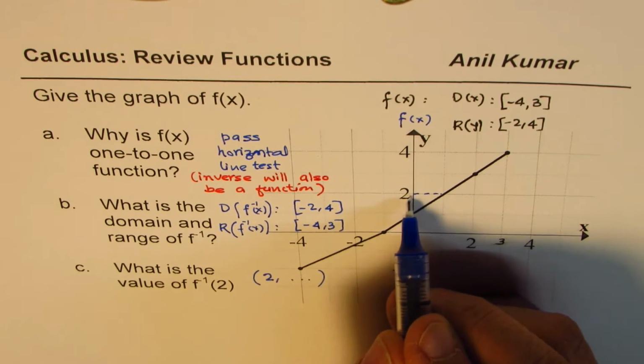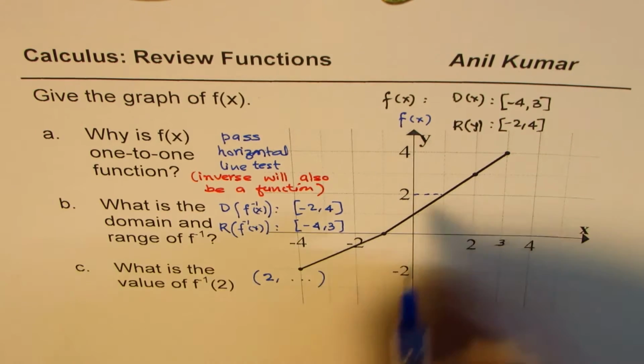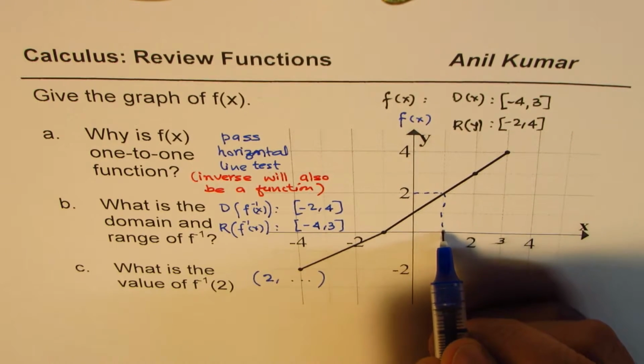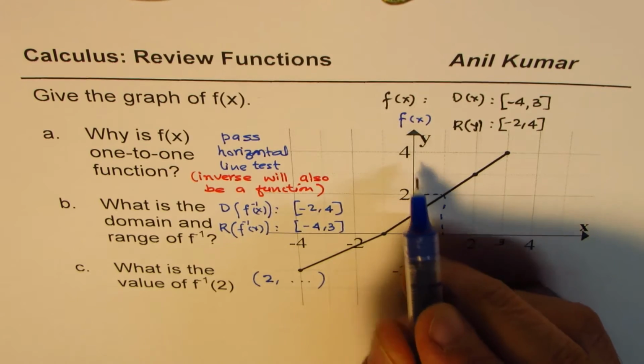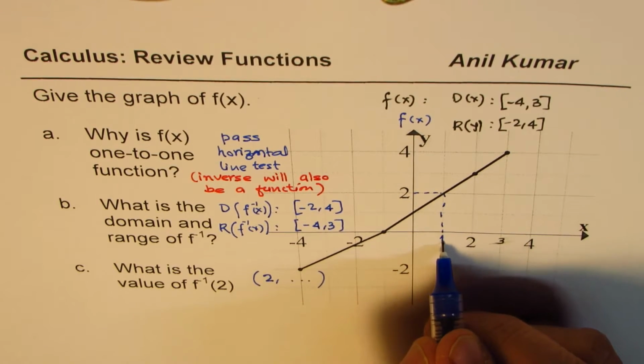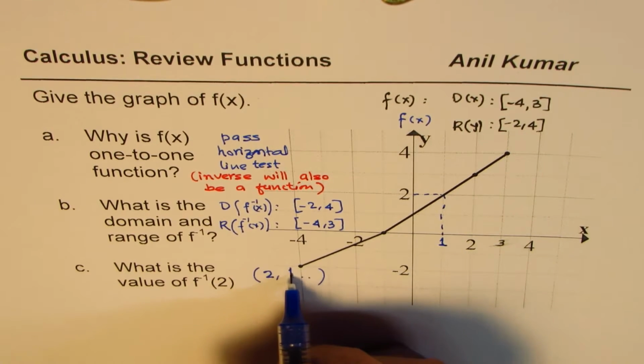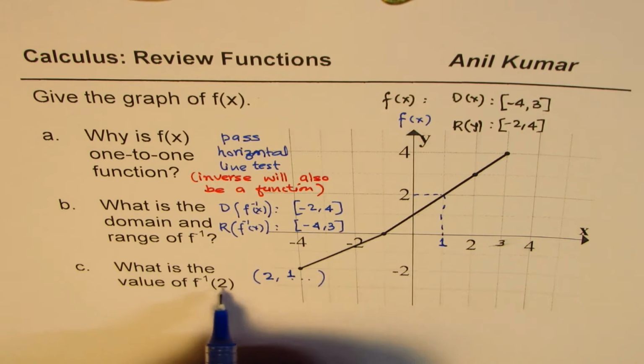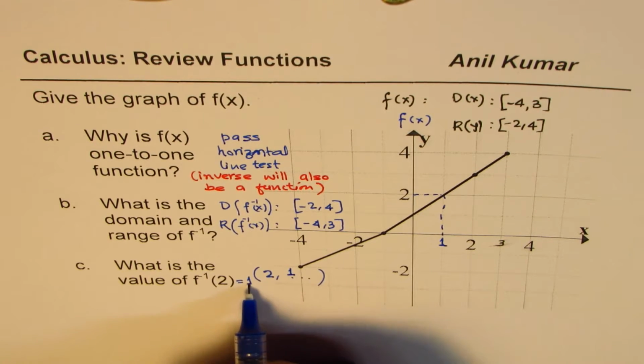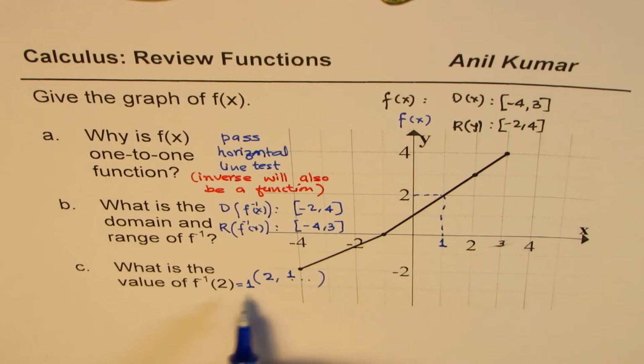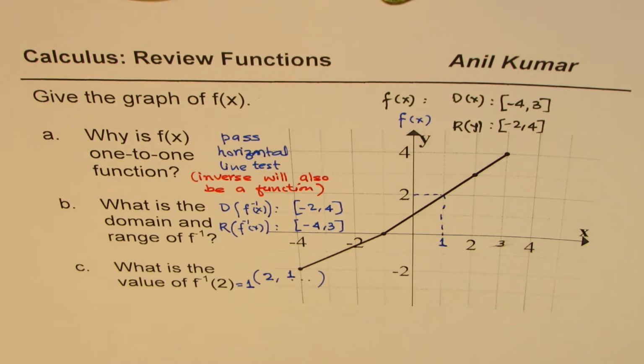Do you see that? So we could go the reverse way. If the function has a y value of 2, what is the x value? It is 1. So that is the answer, right? So what is the value of f inverse 2? It is equal to 1. Do you get it? So that is how you should be answering this question.